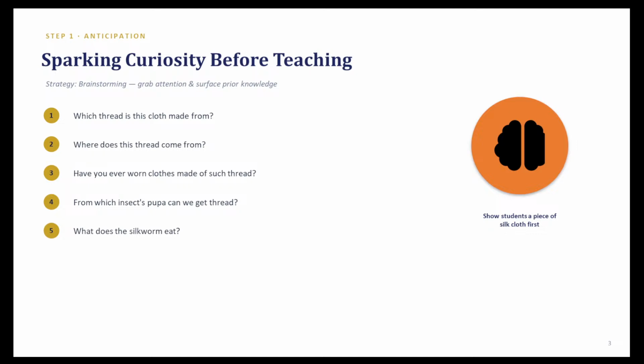Where does silk come from? Have you worn silk cloth? Which insect produces silk? And what does a silkworm eat? These questions help students connect their previous knowledge with the new lesson and make them interested before the actual teaching begins.